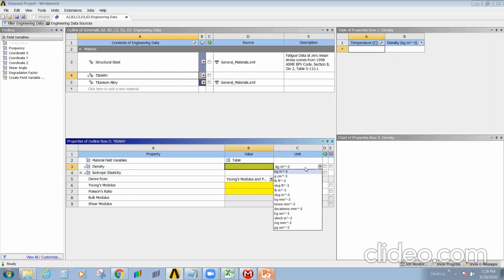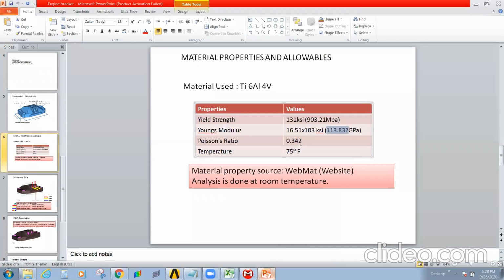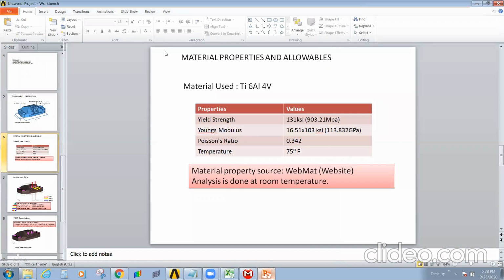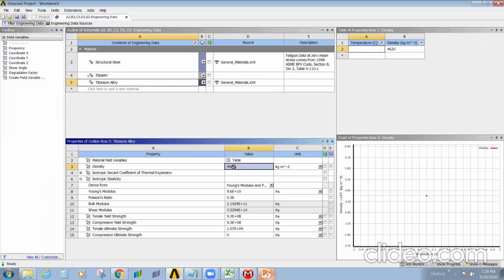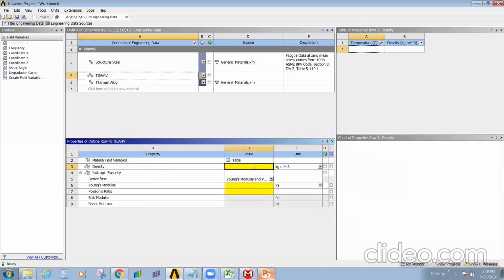I'll take the density value directly, the same as the tungsten alloy, and add it here.